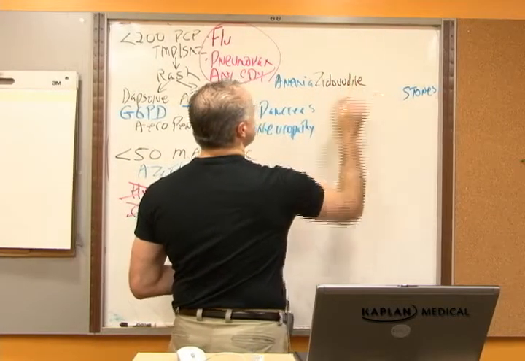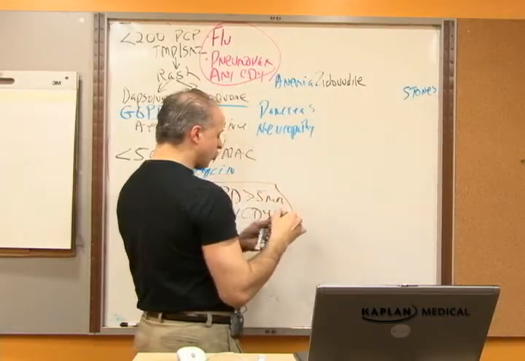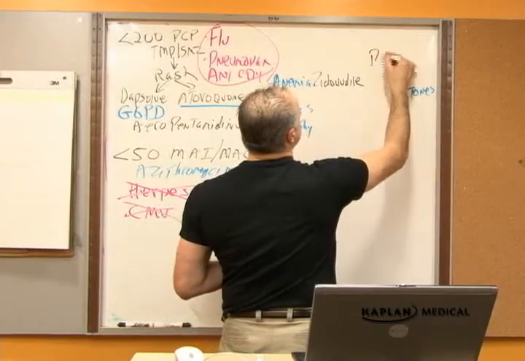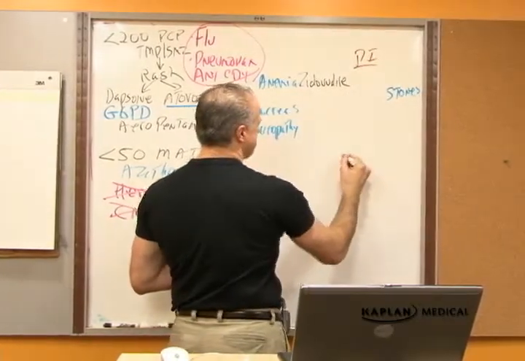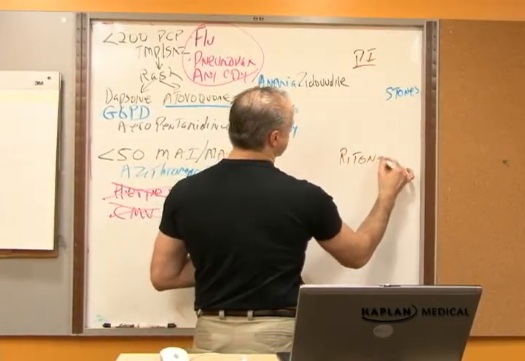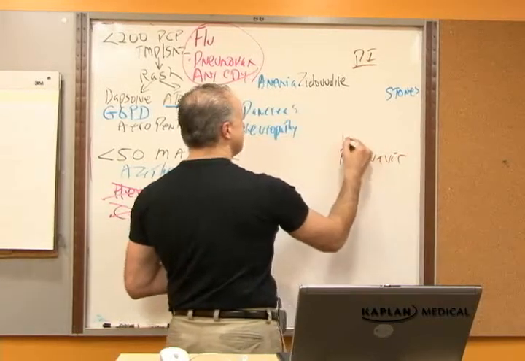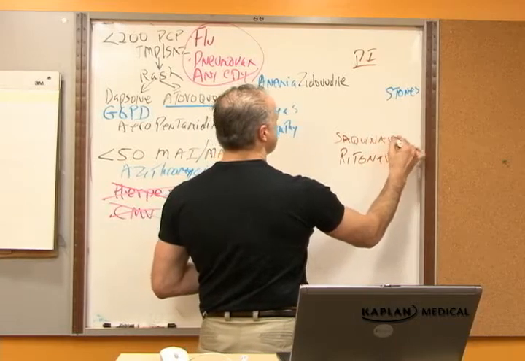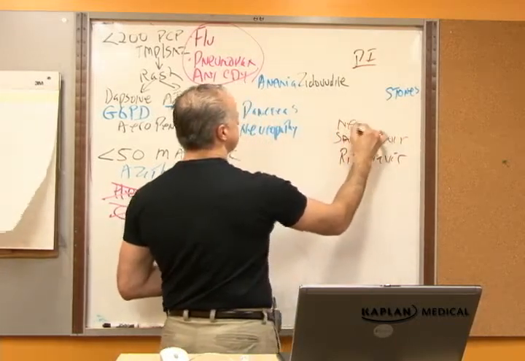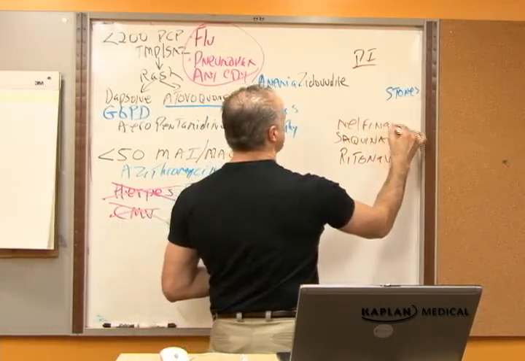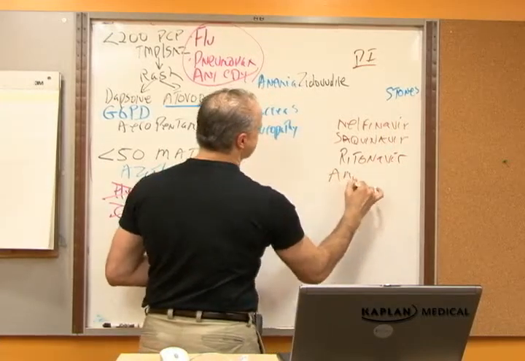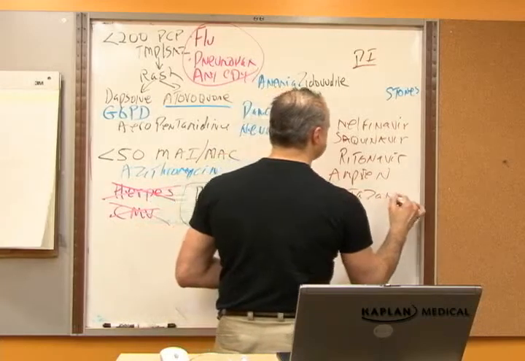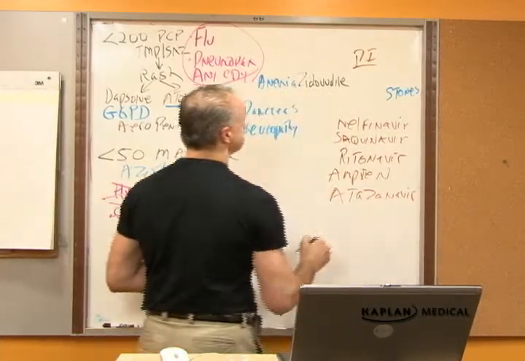Zidovudine. They want you to know that this is the wrong time to stop the protease inhibitors. Protease inhibitors don't cause anemia. Ritonavir does not cause anemia. Saquinavir does not cause anemia. Indinavir, nelfinavir, amprenavir, atazanavir do not cause anemia.